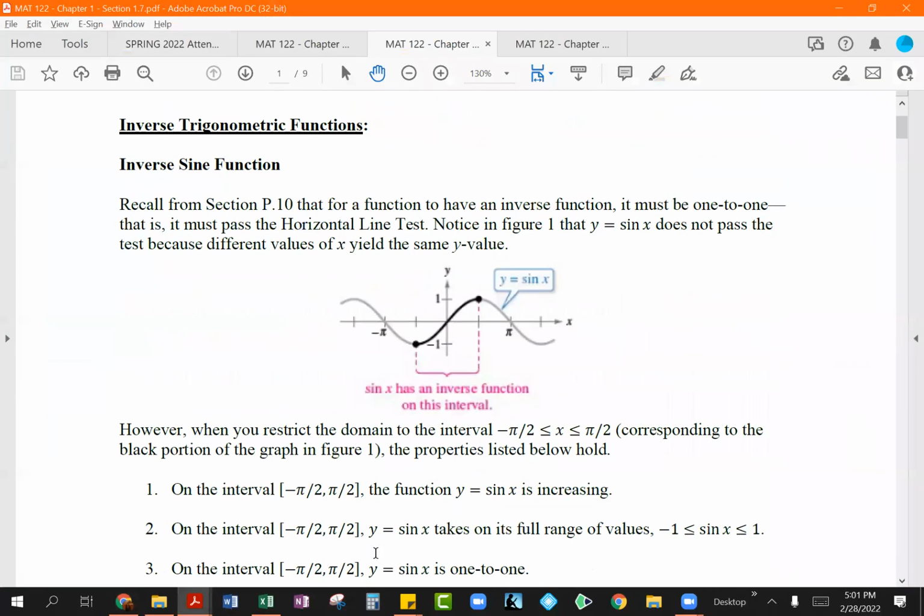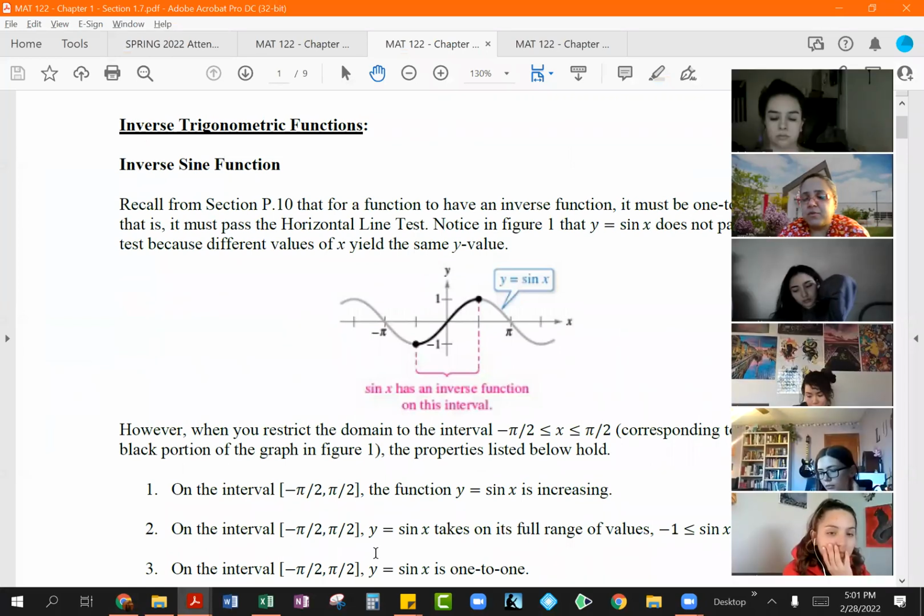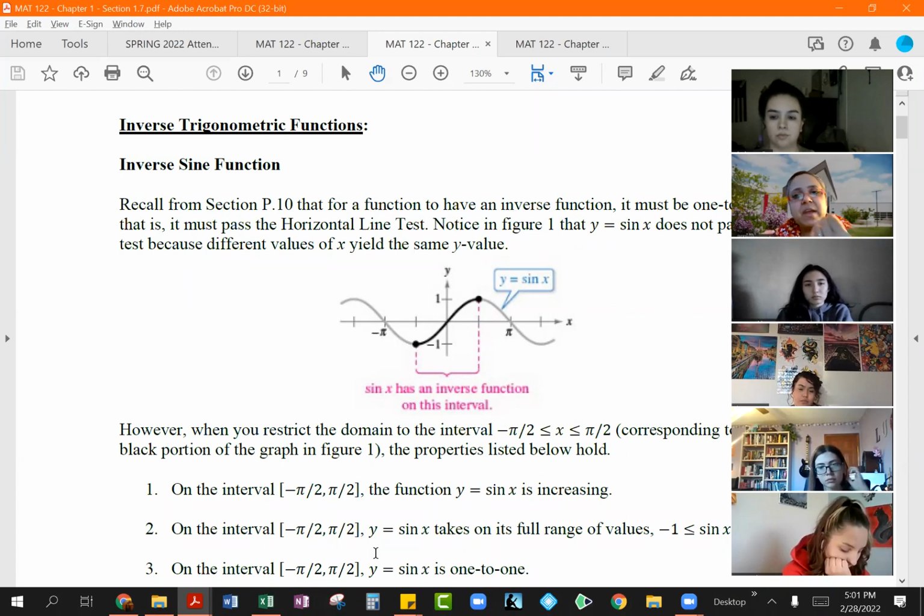Alrighty, so let's take a look over here. One thing you should remember about inverse functions from college algebra is that an inverse function will undo what the original function does. So very simple, subtraction is the inverse function for addition, right? If I did 2 plus 3, I get 5. If I did 5 minus 3, I go back to 2, right?